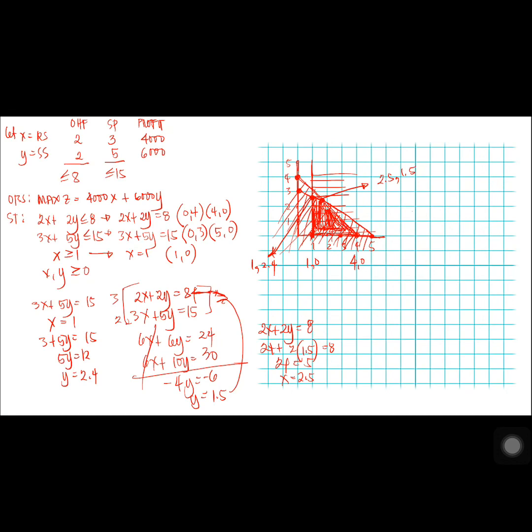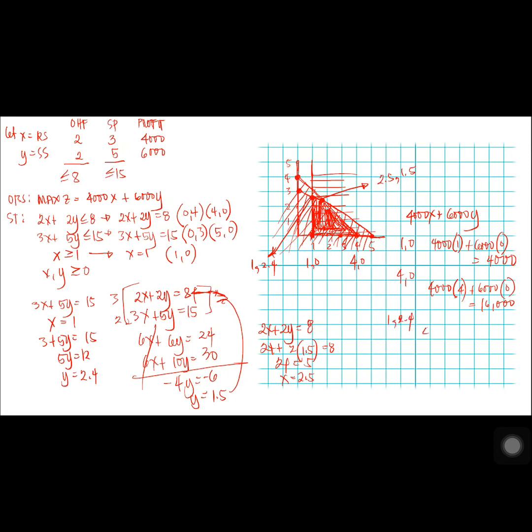Let us substitute them into our objective function, 4,000x plus 6,000y. First, 1 and 0. This is 4,000 times 1 plus 6,000 times 0, that's equal to 4,000. The next is 4 and 0. We have 4,000 times 4 plus 6,000 times 0, that's 16,000.